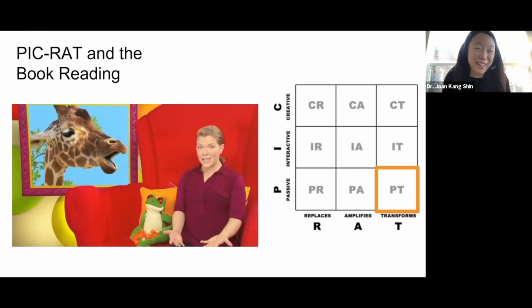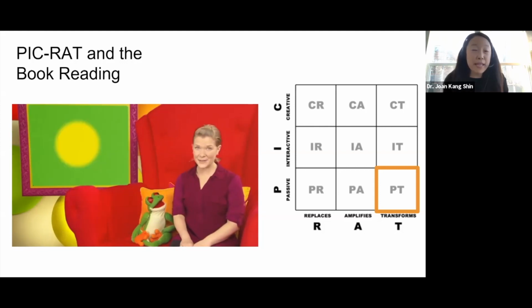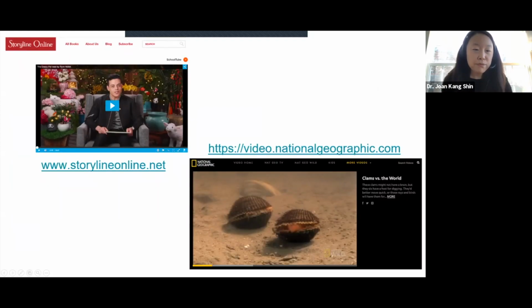Now, maybe many of you like to use videos with your students. If we take a look at the next slide, there are places where you can find free videos that you can use, even teacher resources. If you have young learners, you can find videos through Storyline Online, where all of the books are read by some famous actors.